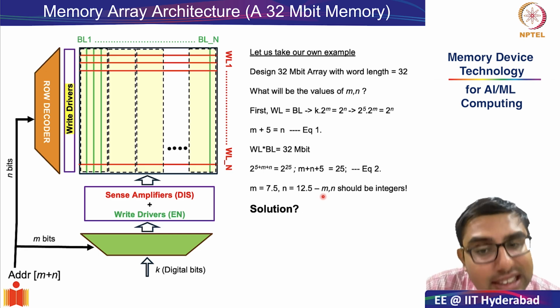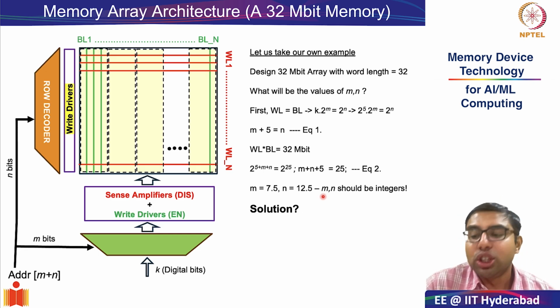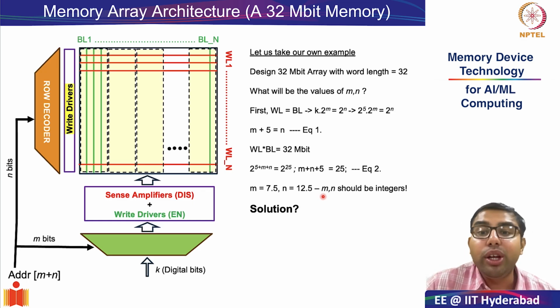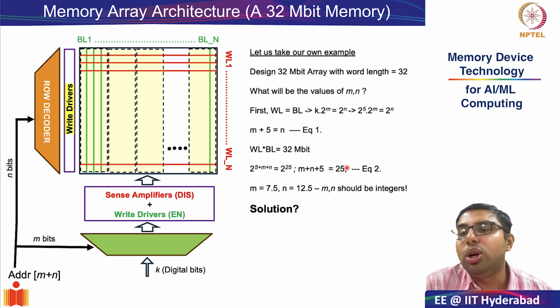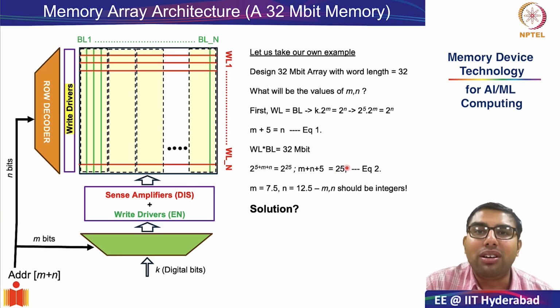So what could be the solution? I would like you to just pause the video and think for a while. The best solution that can come to mind is this: the reason why we were getting these non-integral values is because the value on the right hand side of equation 2 was an odd number.